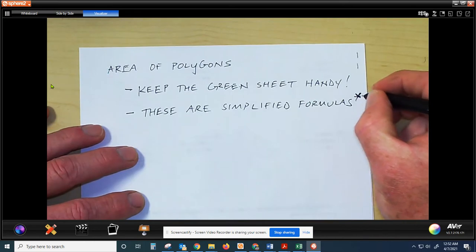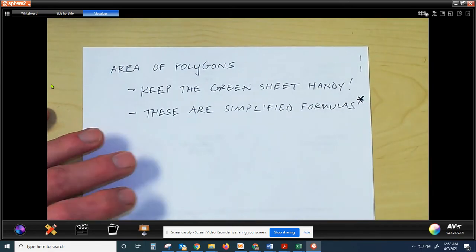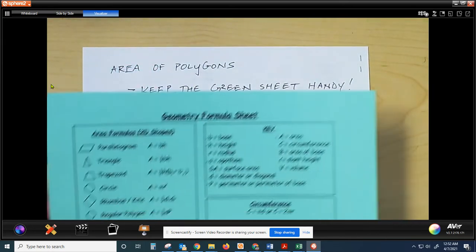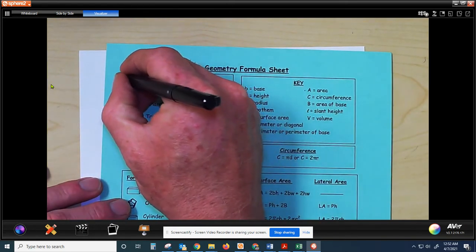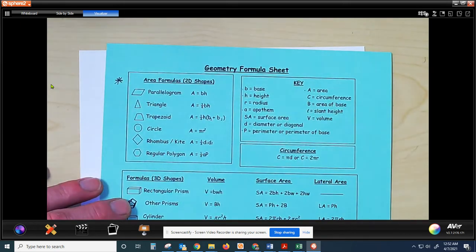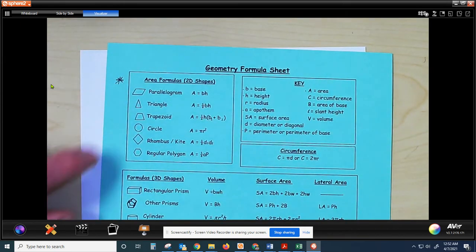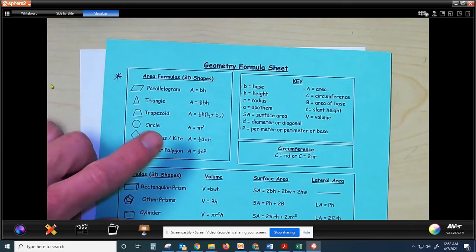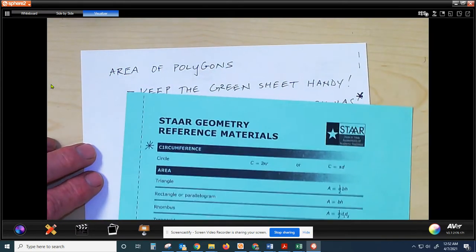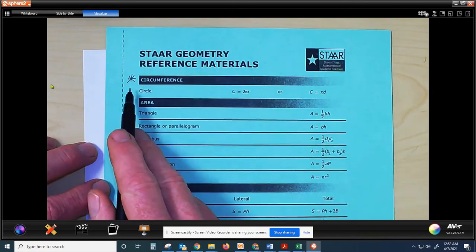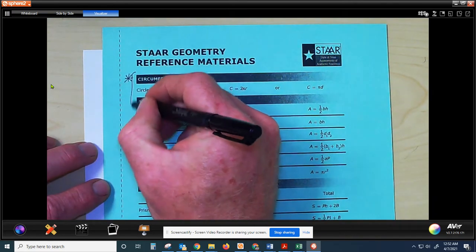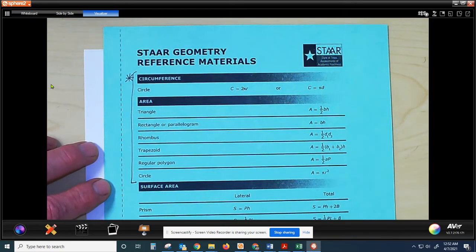I'm going to show you what you need for area. Okay, I like this list here. That's my asterisk. Formulas for different shapes. We're going to learn a little bit about the letters. And I like this piece for area here down to here for now.